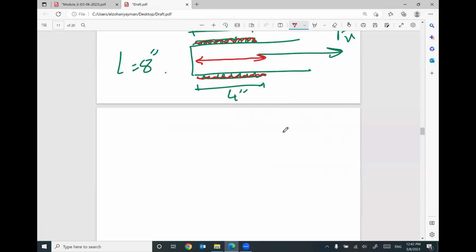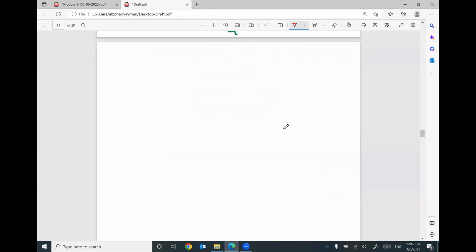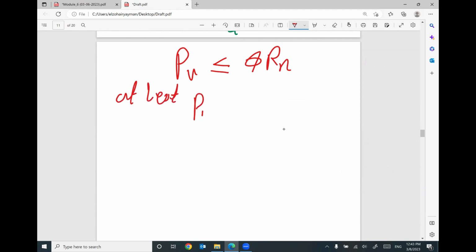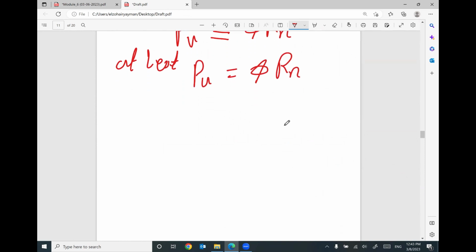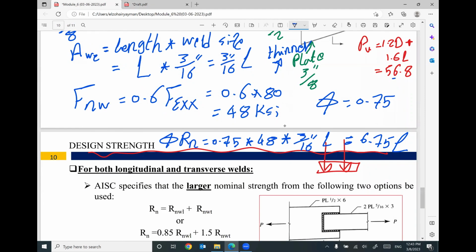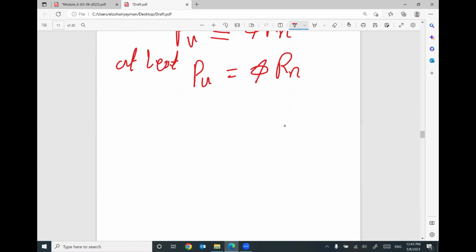To make sure your connection is safe, your P ultimate must be smaller than or equal to phi Rn. At least P ultimate equals phi Rn. This is the minimum we can obtain. P ultimate is 56.8.